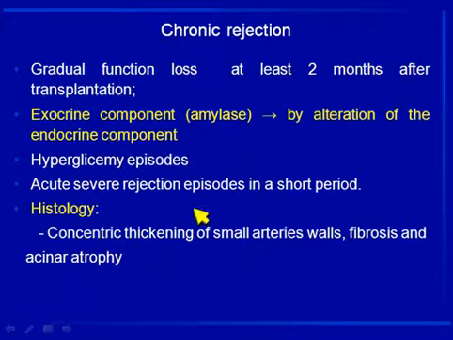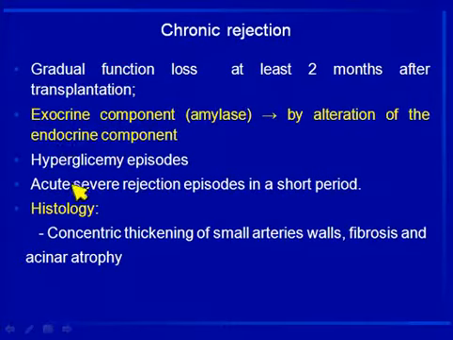Let me explain a little bit about chronic rejection. The definition of chronic rejection is the gradual function loss at least 2 months after transplantation. The exocrine component is the first component altered, followed by alteration of the endocrine component.